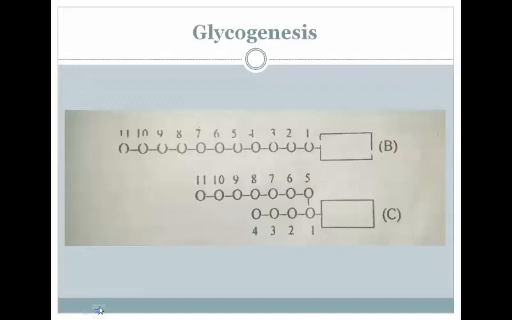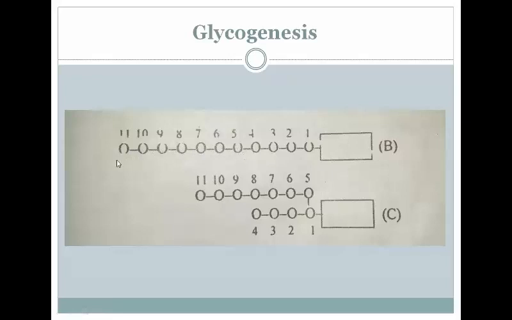Here you can see in figure B, the cleavage between glucose 5 and 4 occurs, and from 5 to 11, these are the 7 glucose moieties: 1, 2, 3, 4, 5, 6, and 7.